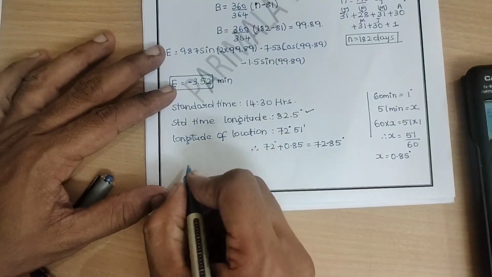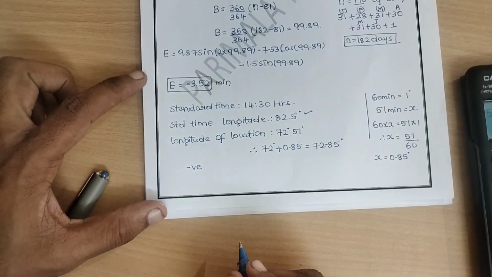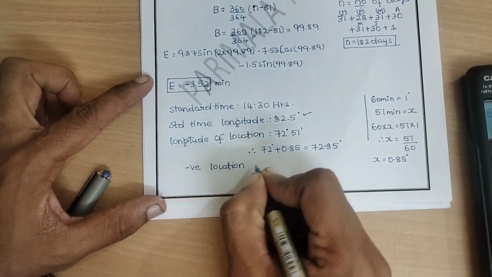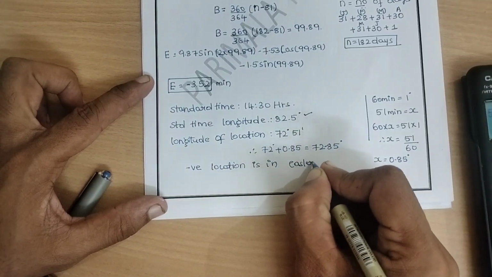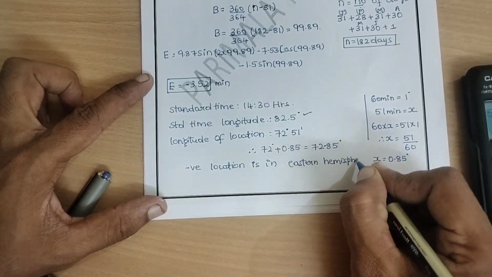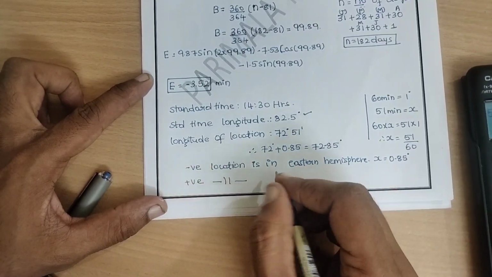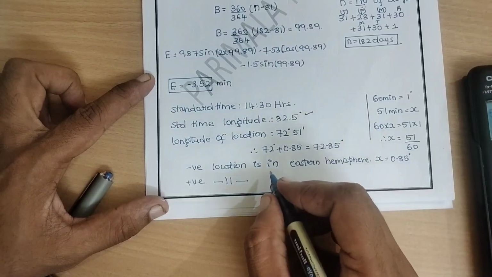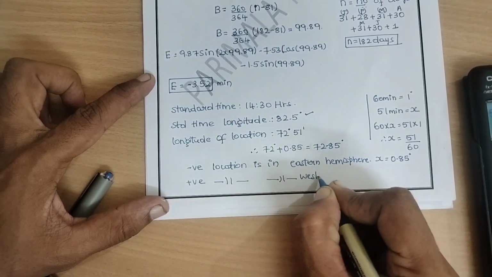But next, very important thing, we should consider positive or negative here. I will write it here itself. We use negative whenever the location is in the eastern hemisphere, and we use positive when the standard meridian of the country lies in the western hemisphere.